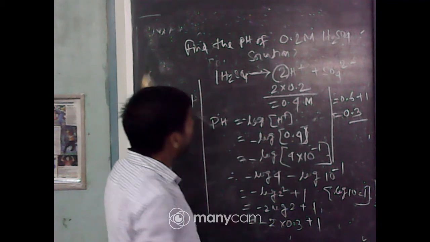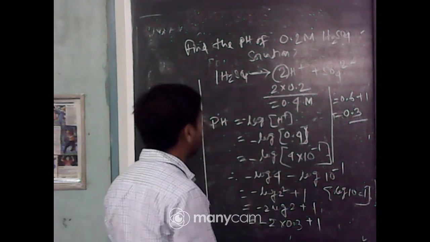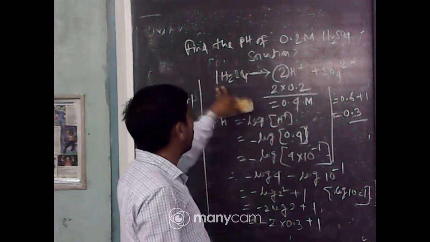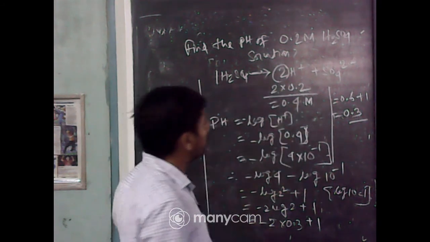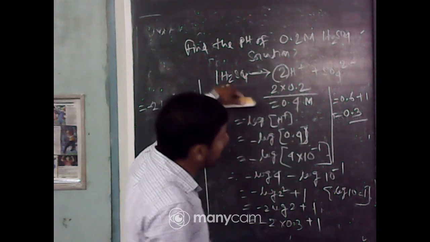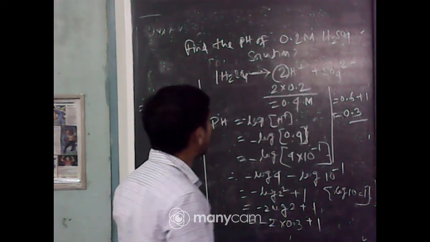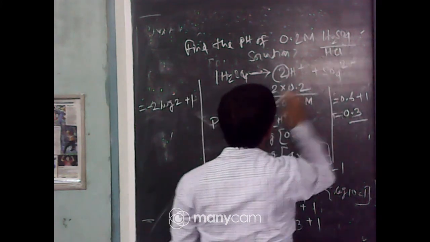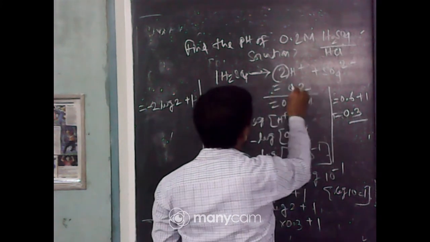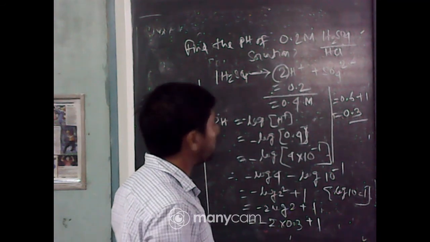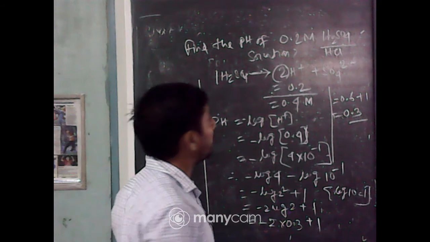When we used weak electrolytes, the dissociation was different, but for strong electrolytes the dissociation is different. But if it was HCl in place of H2SO4, then it will only be 0.2, not multiplied by 2.